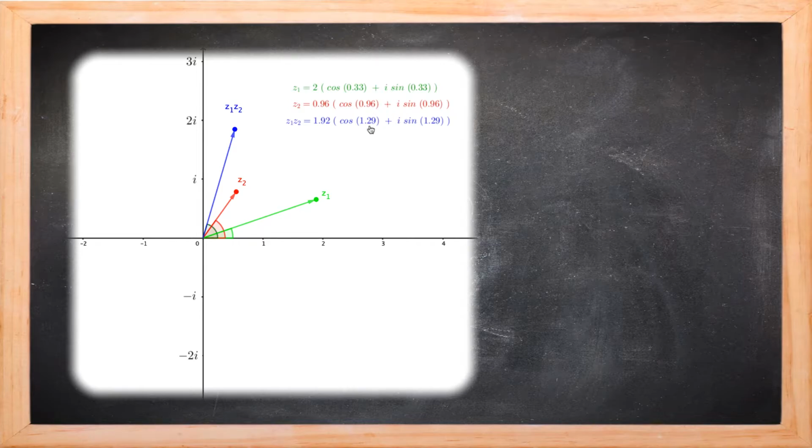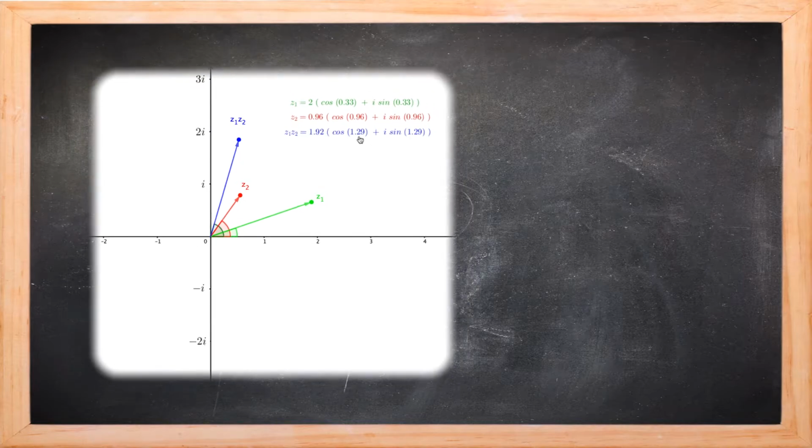Let's now try and prove that. So let's take a complex number Z1, which has modulus R1 and an argument θ1. And we're going to multiply that by Z2, modulus of R2, an argument of θ2.